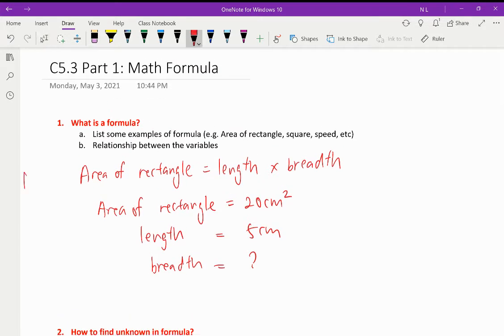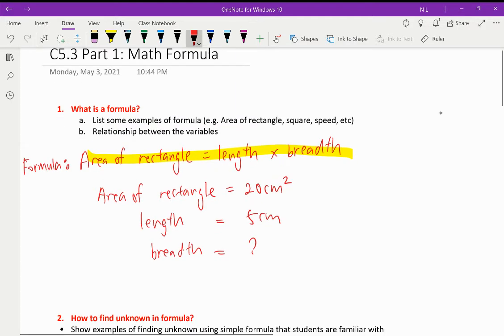Using this formula here, we can find the breadth just by replacing the area of the rectangle with 20 and the length of the rectangle with 5 cm. So let's try it out.